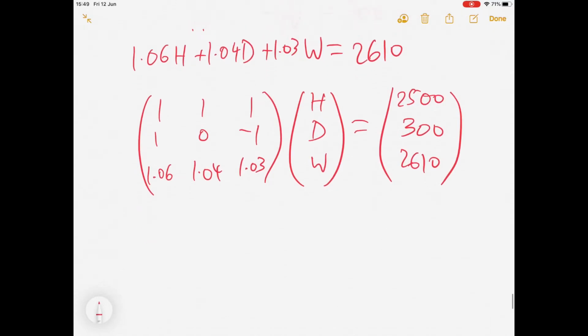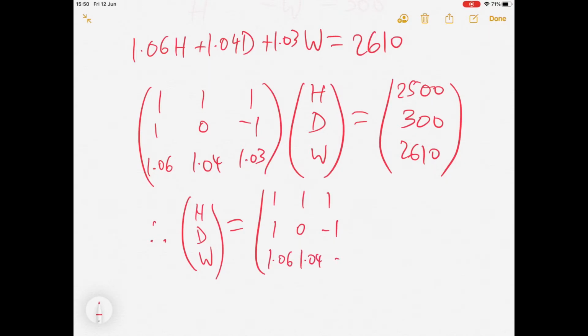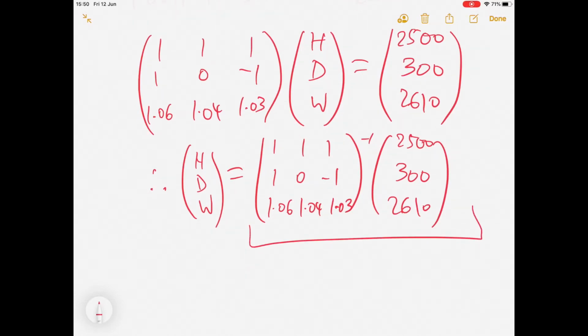And now we can apply the inverse matrix to both sides to give us HDW is this matrix inverse times 2,500, 300, 2,610. And then you just stick this in your calculator and it will give you the answer.